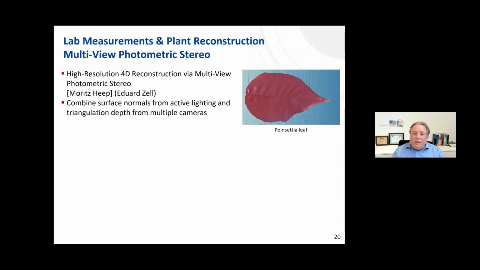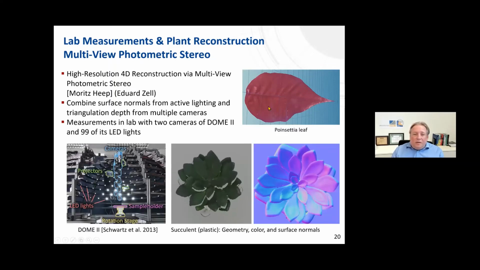So detailed geometry can be obtained from the differences of the different lighting directions. So that is very good. But it doesn't give absolute depth. So these surface normals need to be integrated, and multiple cameras help to do so.